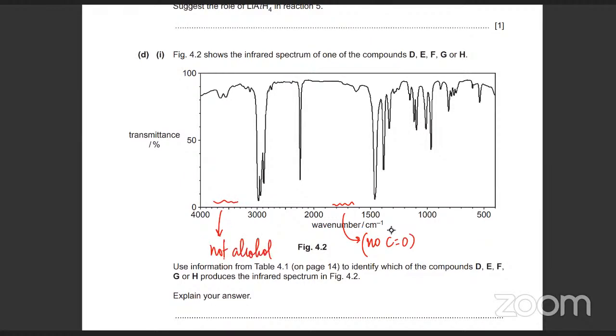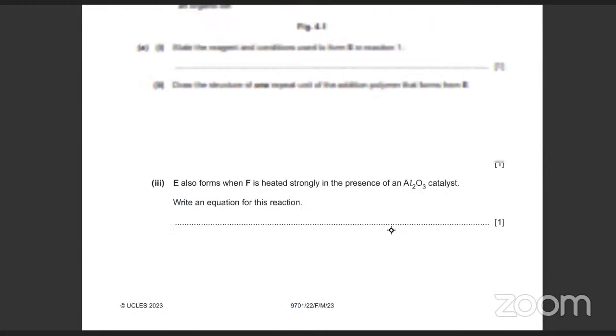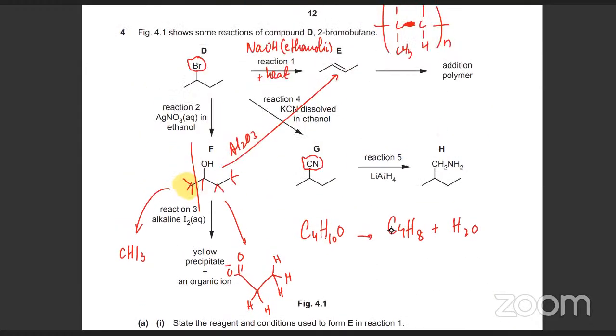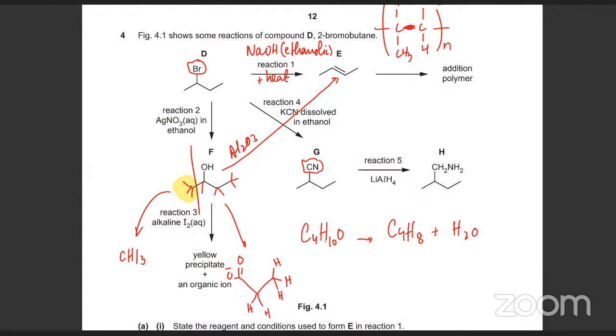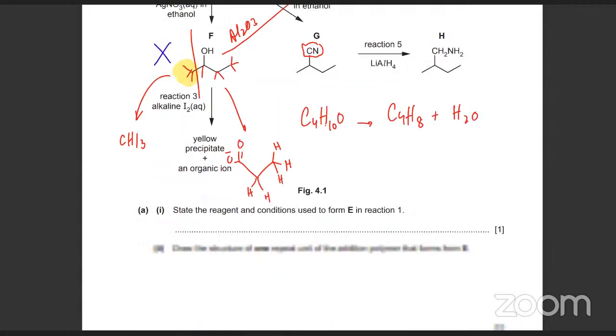There's no OH that belongs to an alcohol, so all the OH ones are gone. F is gone. None of them were actually alcohols, so we're still not able to eliminate a lot of them. Most of them are still candidates.